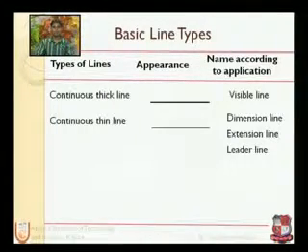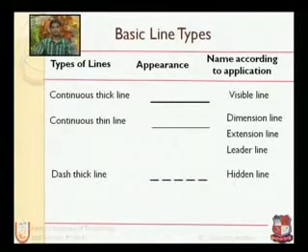It is used as dimension line, extension line, projection line, hatching line, leader line. All these lines are drawn as continuous thin lines. Dashed thick line is the hidden line. For a current view, if some feature is hidden, then it is to be drawn by a dashed line, or say hidden line.